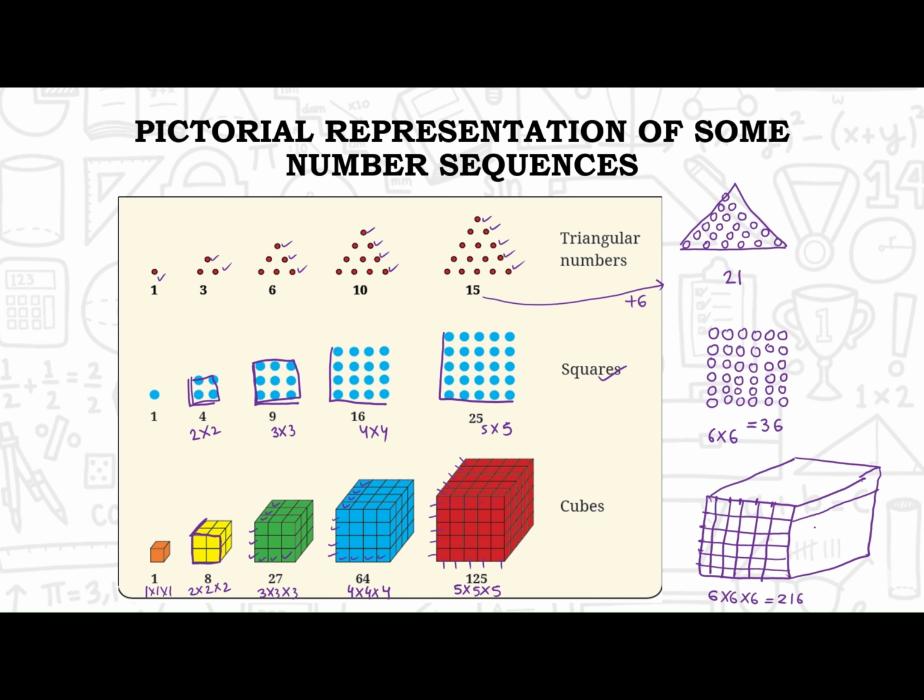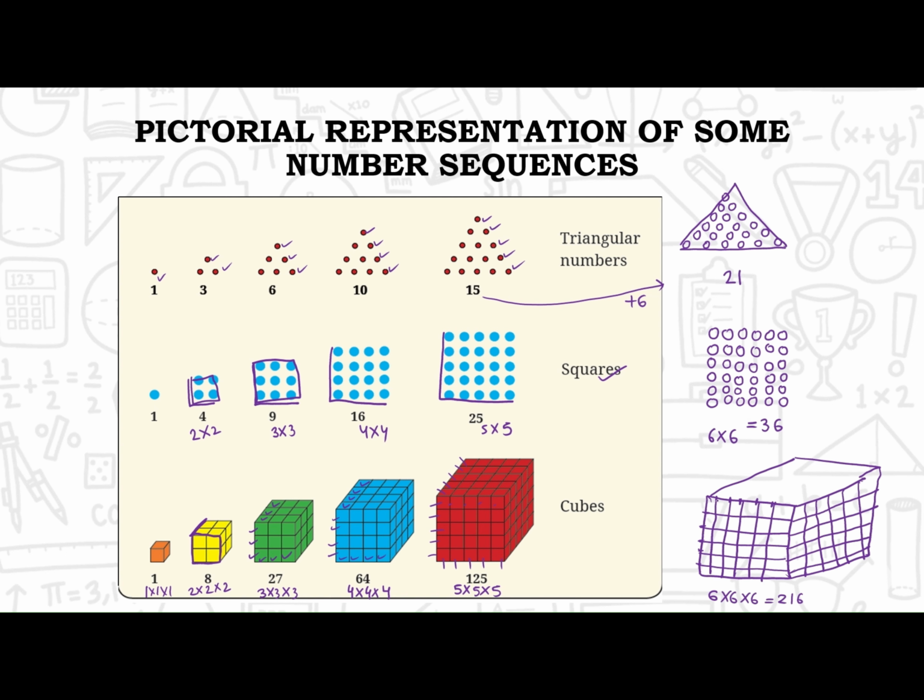Just extend these lines, a little bit slant. Then here also you'll draw 5 lines, 1, 2, 3, 4, and 5.